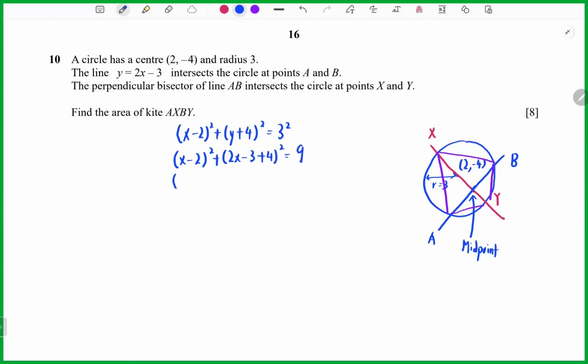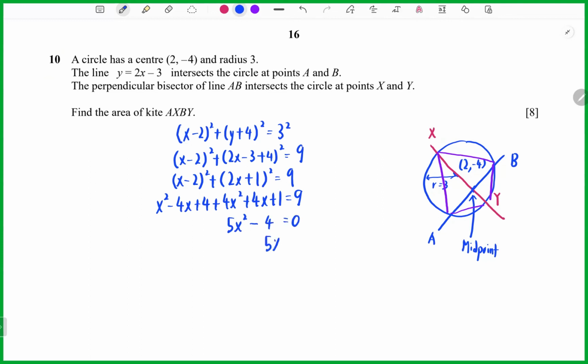So we can simplify first: (2x + 1)^2 = 9. So x^2 - 4x + 4 + 4x^2 + 4x + 1 = 9. So we get 5x^2 - 4 = 0. So 5x^2 = 4, x^2 = 4/5.